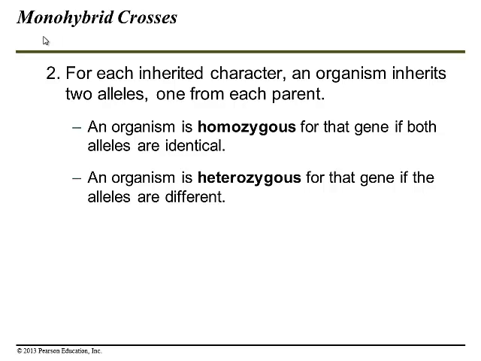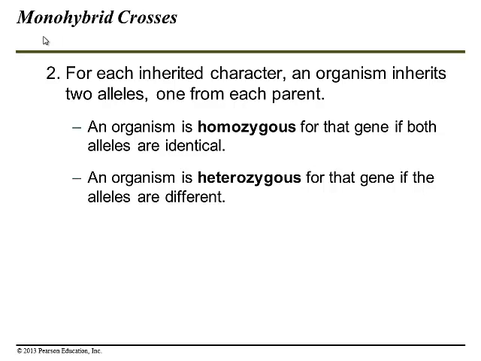If you have the same information from both parents, it's said to be homozygous. Let's stick with eye color: if it's the same from both parents, brown eyes, you're homozygous. Both alleles are coding for the same protein.